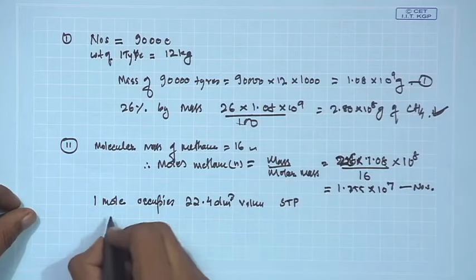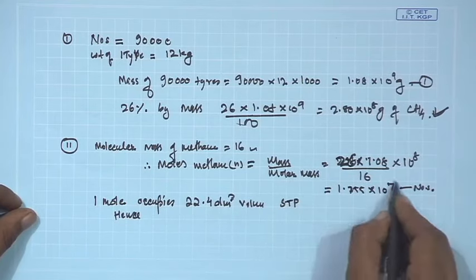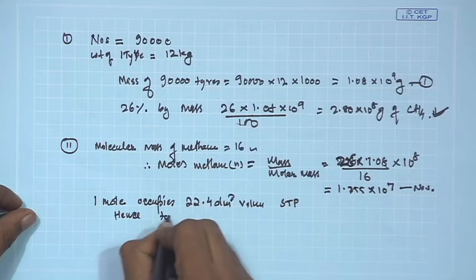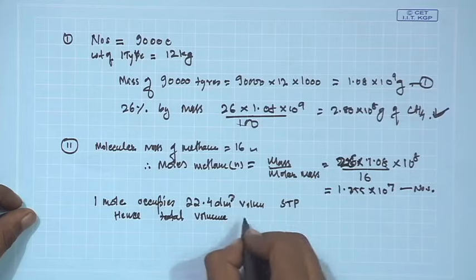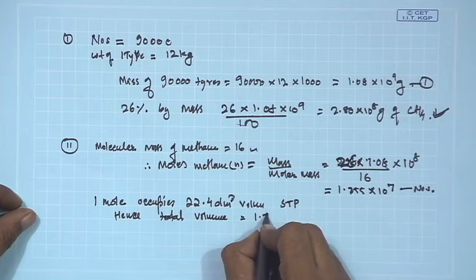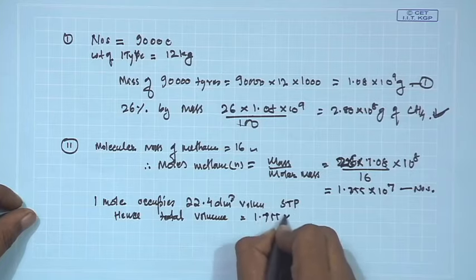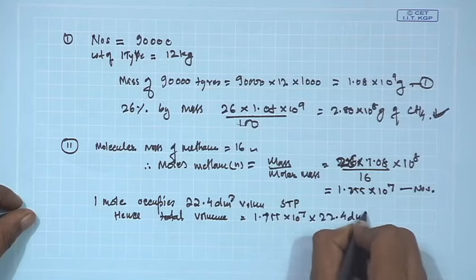Hence, we know the volume of 1 mole and we know the number of moles. So, the total volume would be the number of moles, 1.755 into 10 to the power 7, into 22.4 decimeter cube.